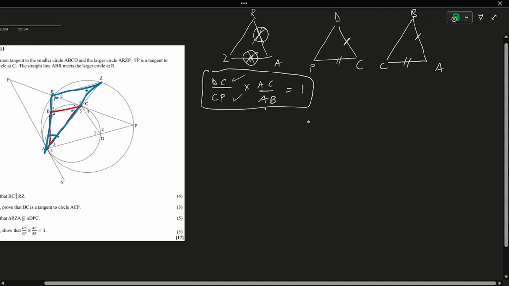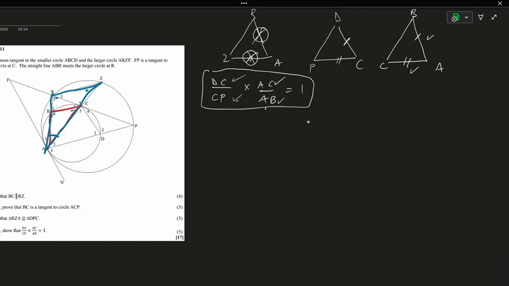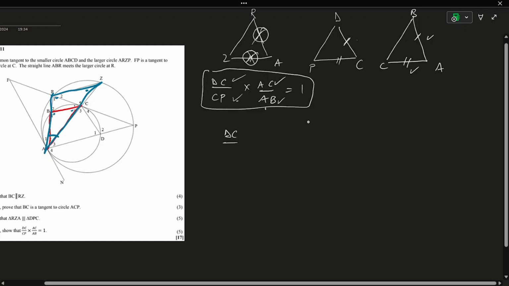So we now have DC, CP, AC, which is this, and AB, which is also this. Now we can do fun stuff with what we have. So what we can do now is we can say DC divided by BA is equal to CP divided by AC.